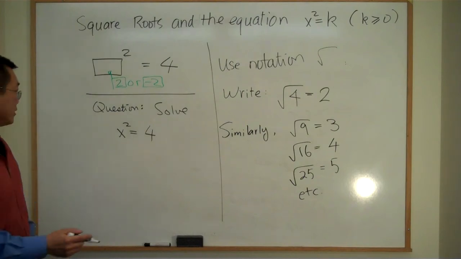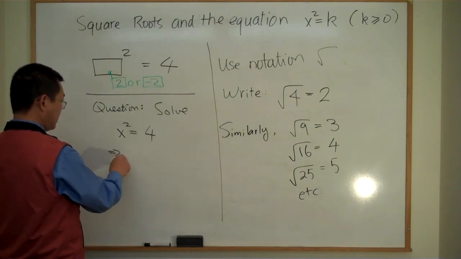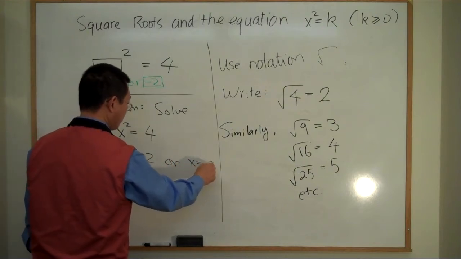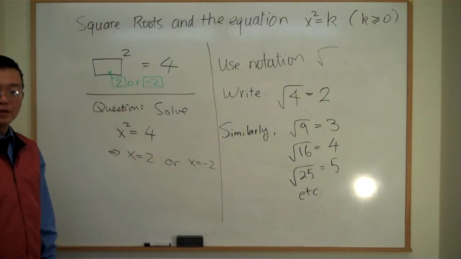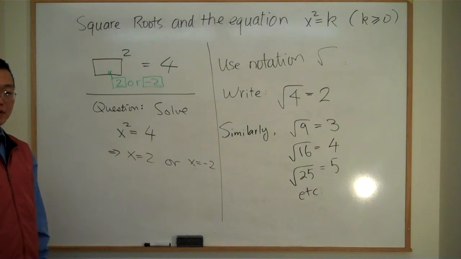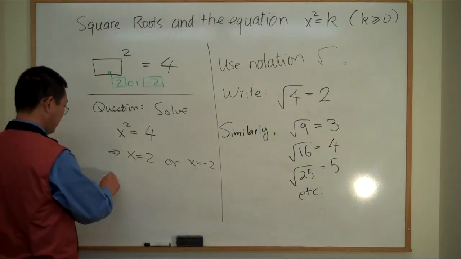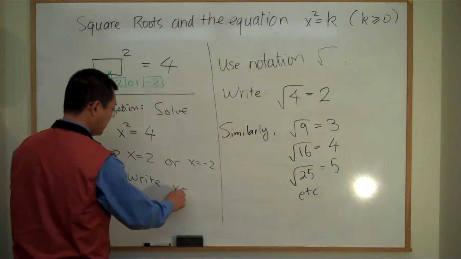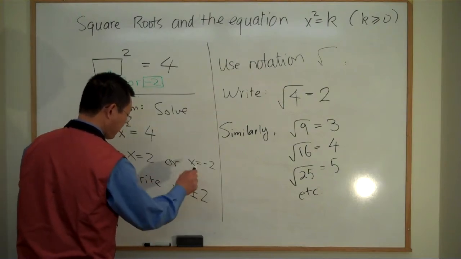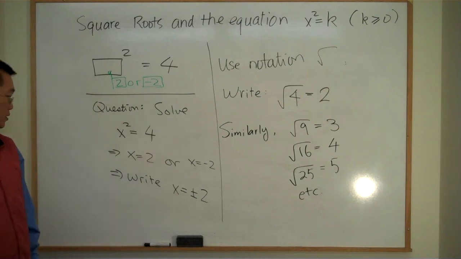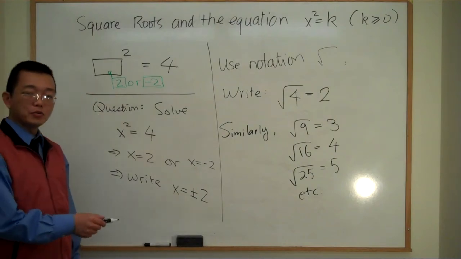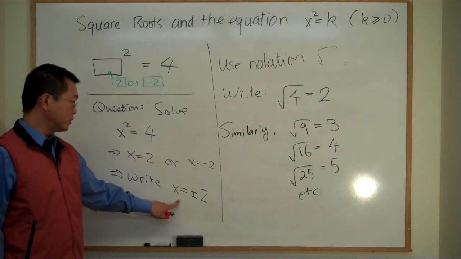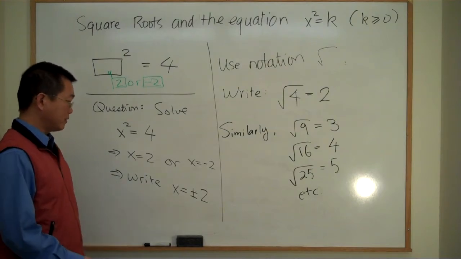Now we know 2 is an answer, but negative 2 is another answer. Now in notation, people usually write this way: x equals plus minus 2. This means plus 2 gives you a solution and minus 2 gives you another solution.